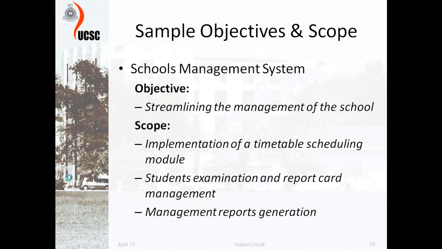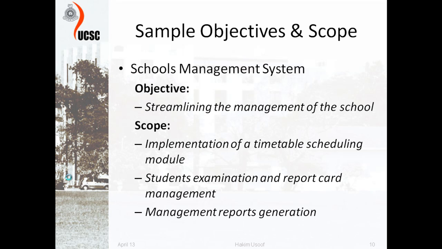Generating some management reports, maybe handling something like school fees or school donations. You can have all of those. But you have to mention clearly what your scope is, what exactly you are going to do and what exactly you are not going to do. Okay? And what we hope to do in the future, someone else will talk about future work.